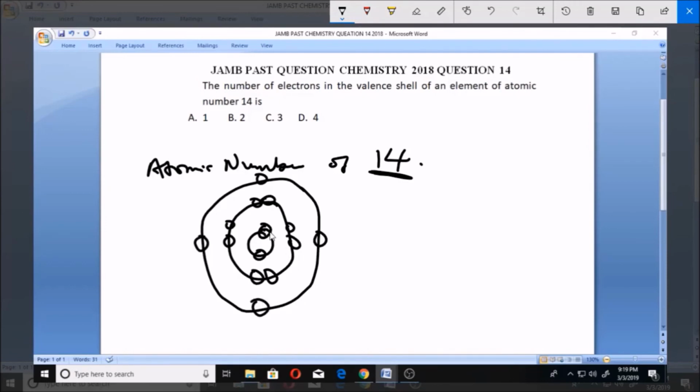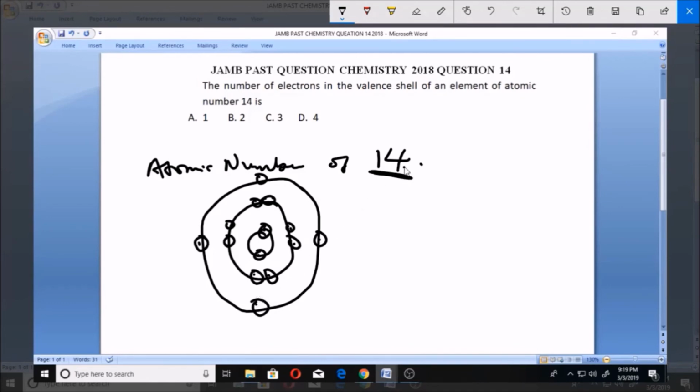If you count the total number of electrons, it should be equal to the atomic number. So we have 1, 2, 3, 4, 5, 6, 7, 8, 9, 10, 11, 12, 13, 14. So we have 14 of it.